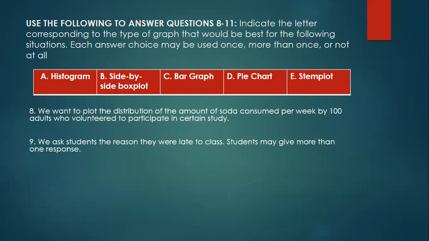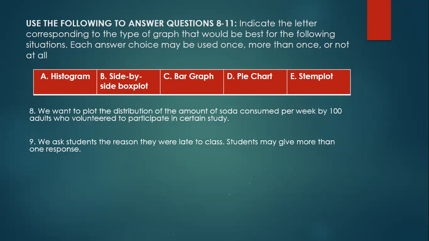We asked students the reason they were late to class. Students may give more than one response. Pie, no, it wouldn't be a pie chart, because remember, we can only use a pie chart when we have one answer.